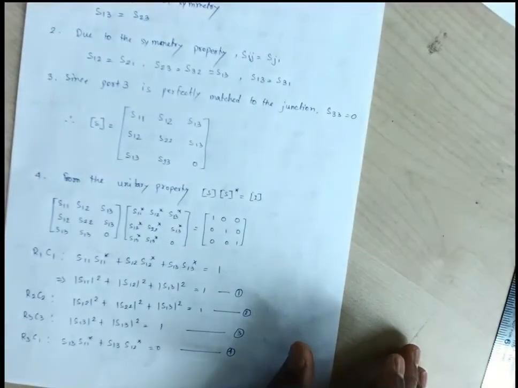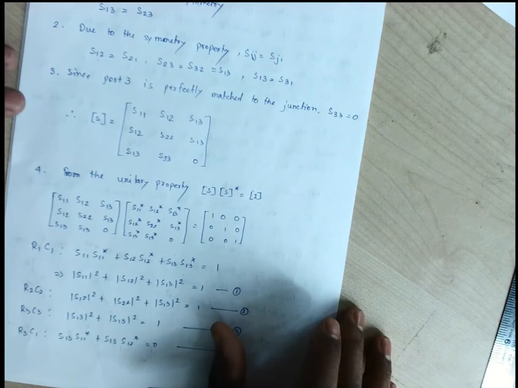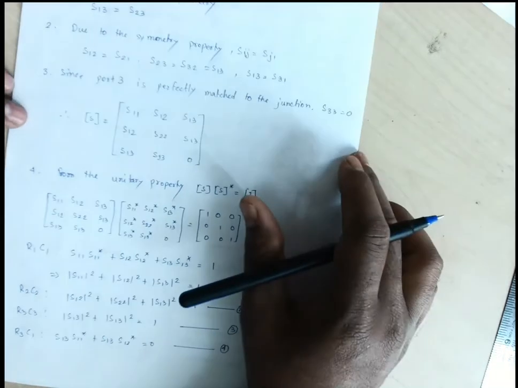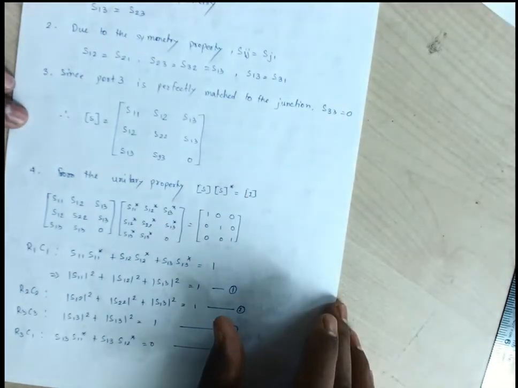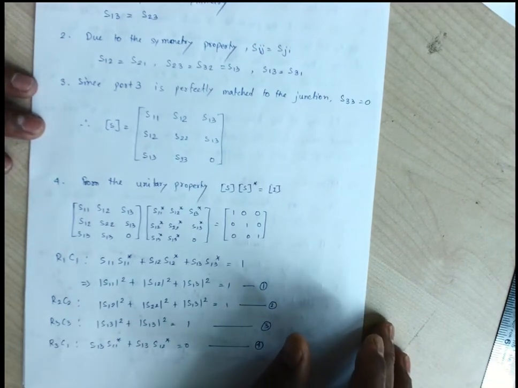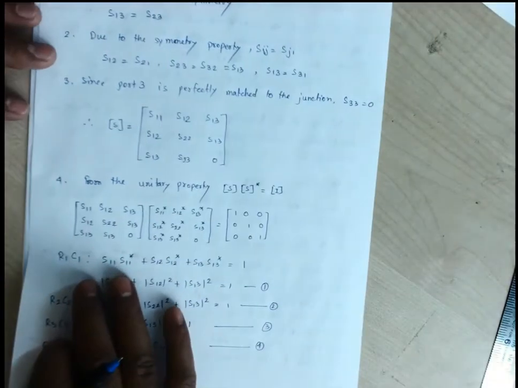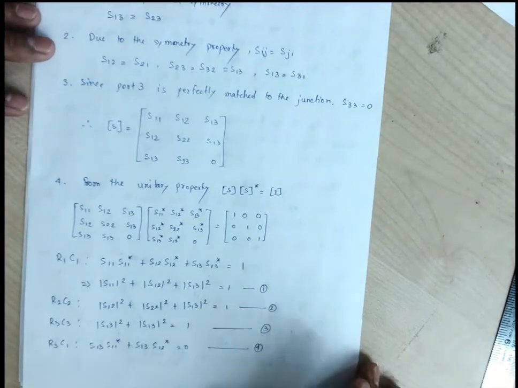In the last class, we have seen the different S parameters present for the H plane T junction. So if we are having this H plane T junction, what are the different parameters that exist and how to find out their values?